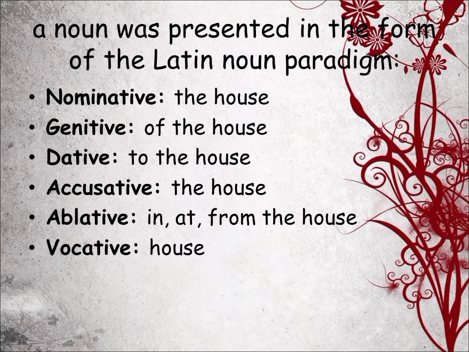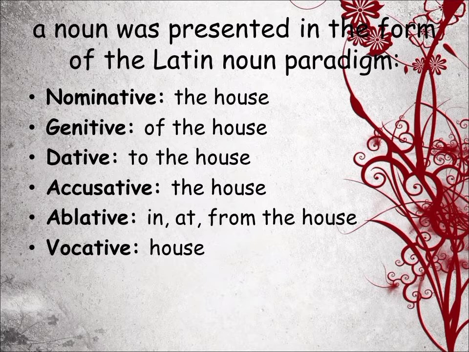Next is dative, a grammatical case for nouns and pronouns. For example, to the house. Next is accusative, a grammatical case that marks the direct object of a verb or the object of any of several prepositions. For example, the house.